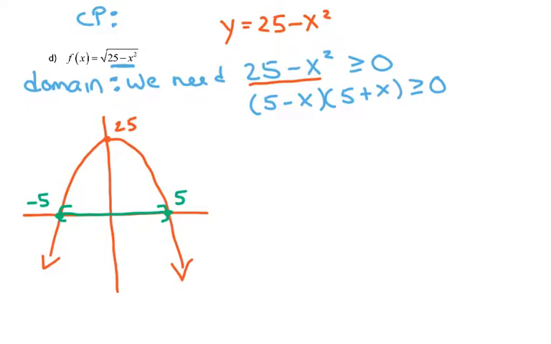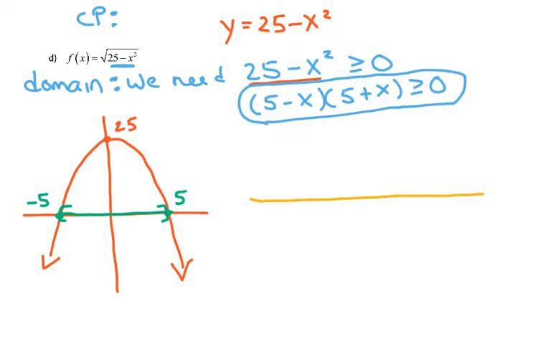Well, maybe you don't see that and you want to know how you're supposed to figure this out. Well, this again is a test interval thing. The zeros are -5 and 5.